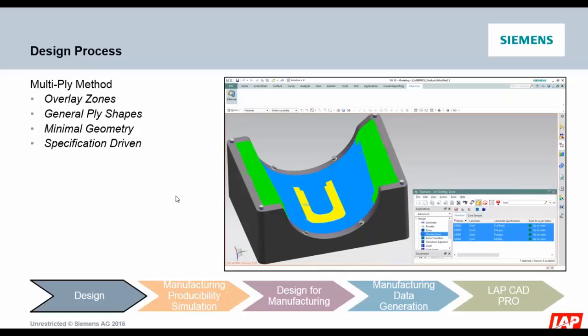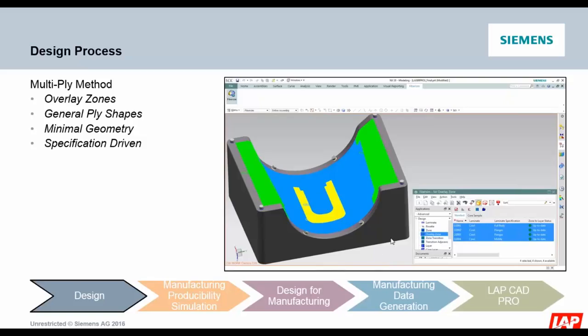One of those methods is called multiply. It allows you to use a hybrid approach between full automation of composite design, that is, specification driven as opposed to geometry driven, and the flexibility of a manual process where I am creating geometry for everything.